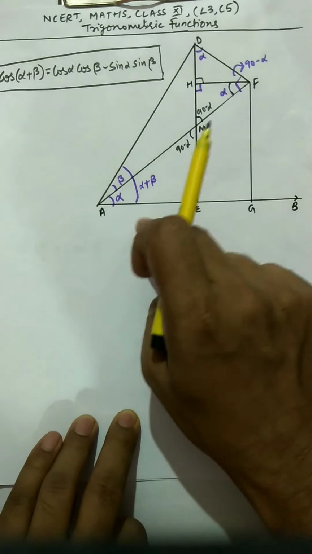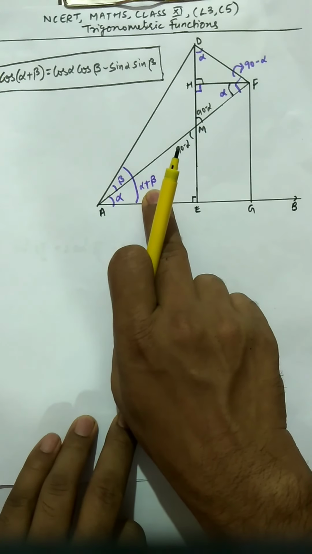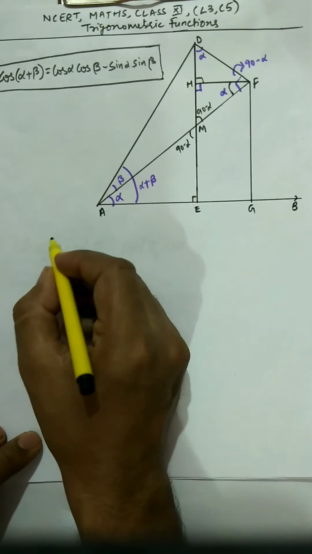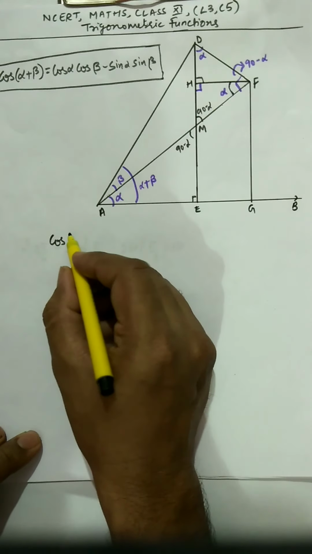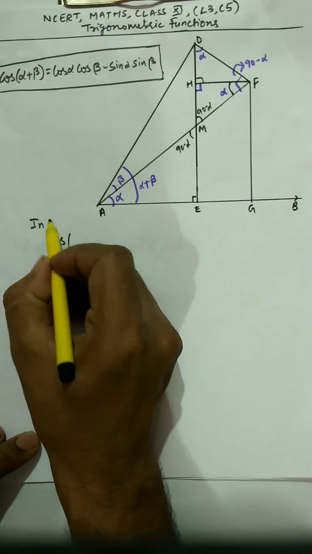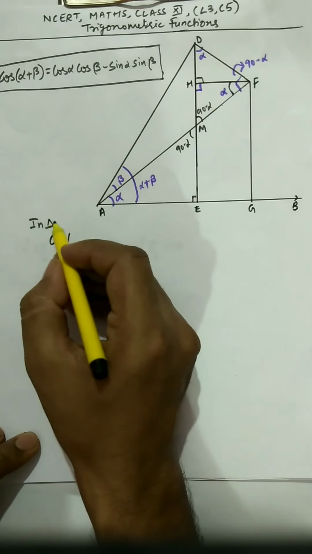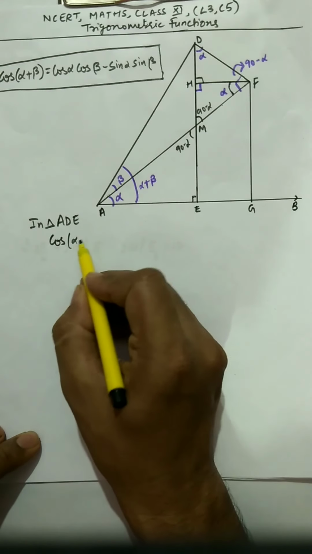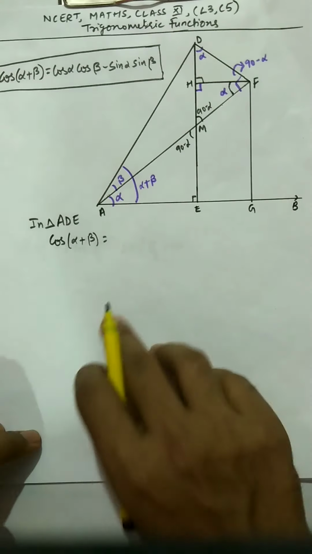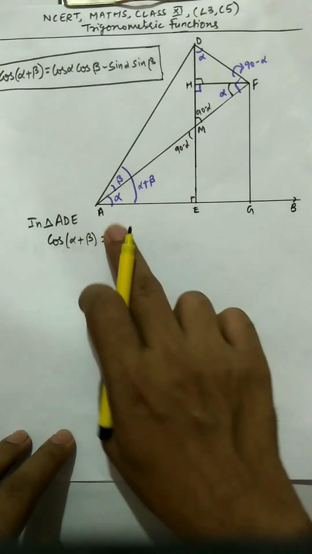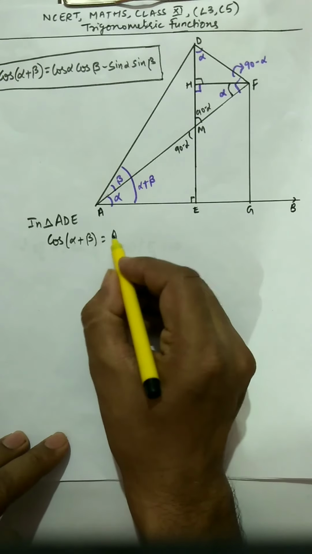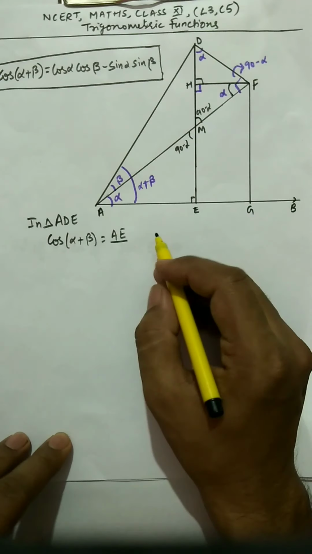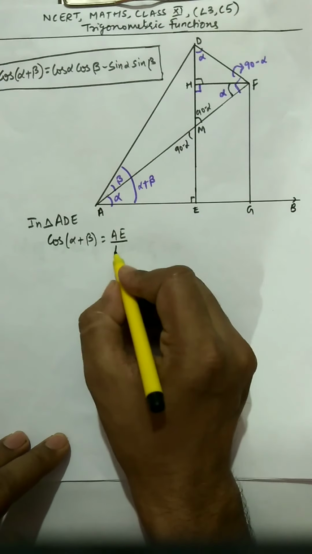Now next we start from this triangle. You can see the triangle ADE has this angle alpha plus beta. So we start from here only. In triangle ADE, cos(alpha + beta), you know cos is base upon hypotenuse. So the base is AE and the hypotenuse is AD.